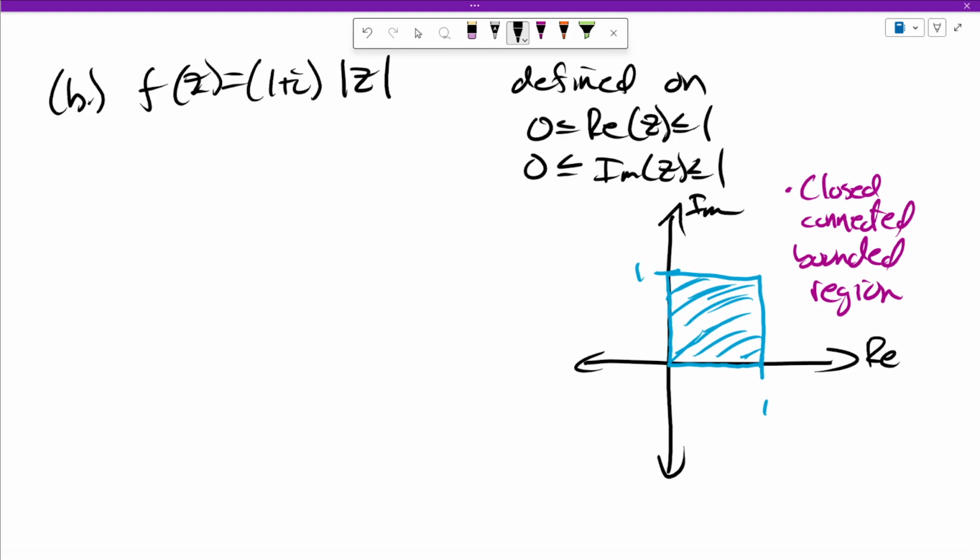Now our function f of z is going to be 1 plus i times modulus z. So what is this?